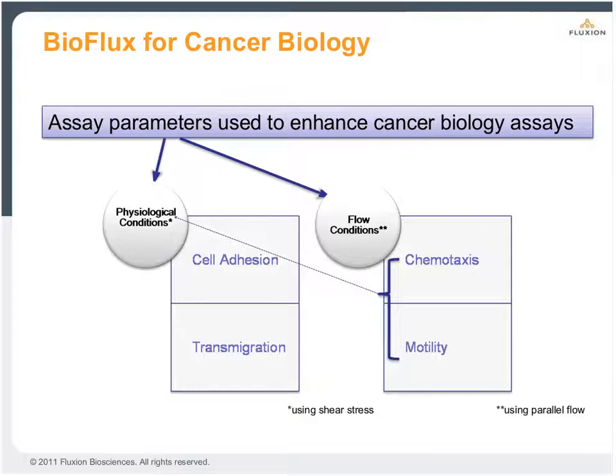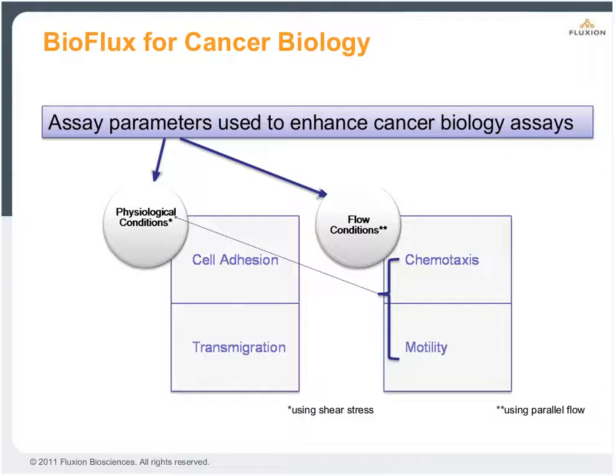There are two ways of thinking about fluid flow in the BioFlux. One is that the flow delivers shear, which is a component of the in vivo niche, and two, that flow can be used to create dynamic conditions within a reaction container to enable novel assays. Here, for cancer biology, we can think of the spread of cancer cells during the process of metastasis, which includes processes like cell adhesion to the endothelium and transmigration of the cells to the underlying tissue, which fall into the category of physiological conditions.